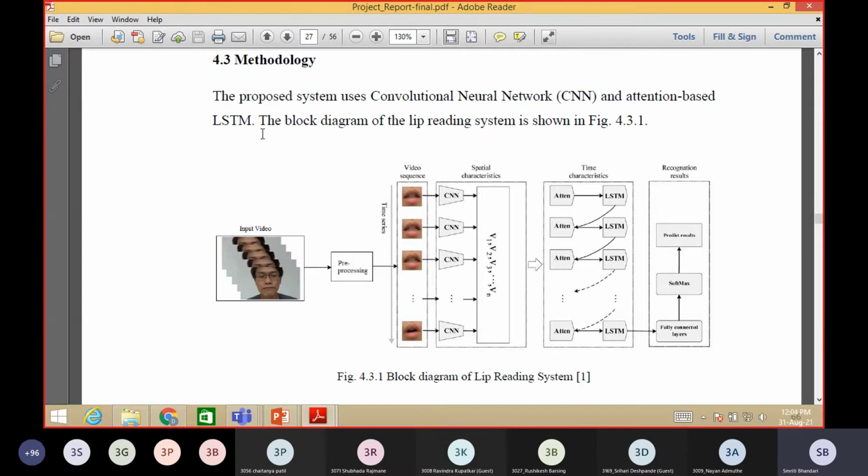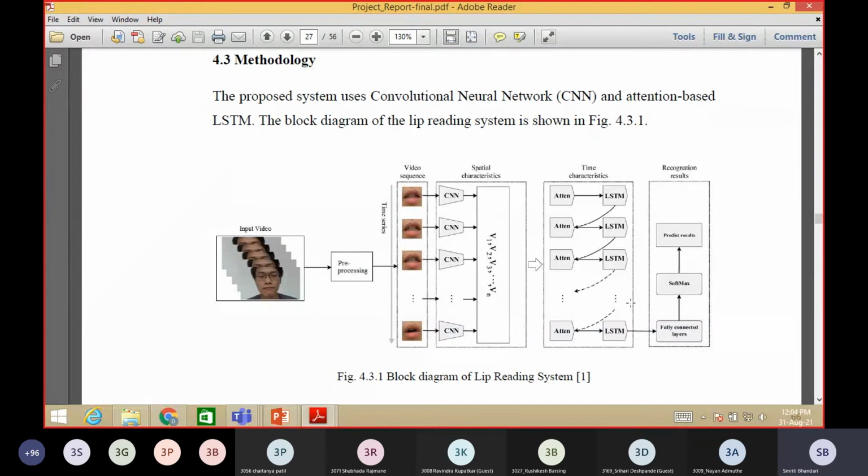Say for example, we have here a statement like, the block diagram of the lip reading system is shown in figure 4.3.1. Meaning, whenever the reader is reading the document, the reader should understand at what point we should see that particular figure that has been provided.